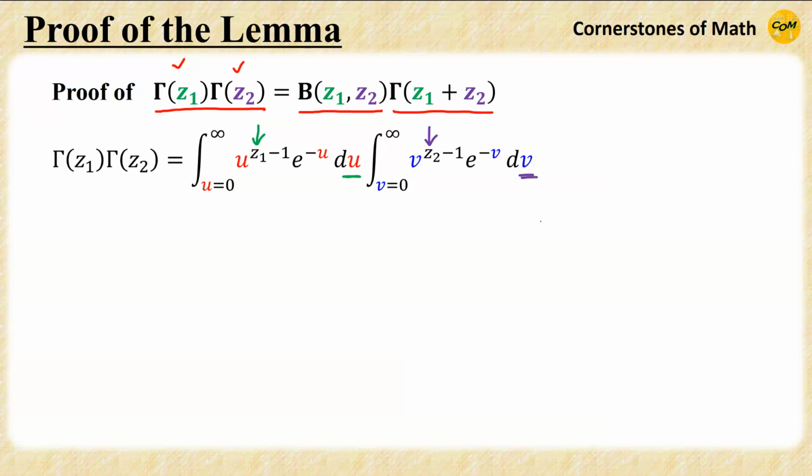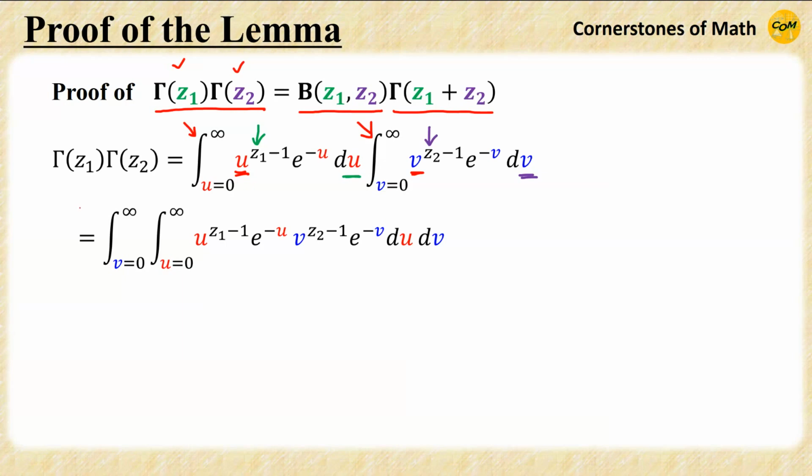And now let's do something that might be quite familiar to you if you have learned multivariable integration. From the perspective of the integral for v, u can be considered constant, and from the perspective of the integral for u, v can be considered constant. Therefore, we can write this as an iterated integral where every function is crammed in the middle.